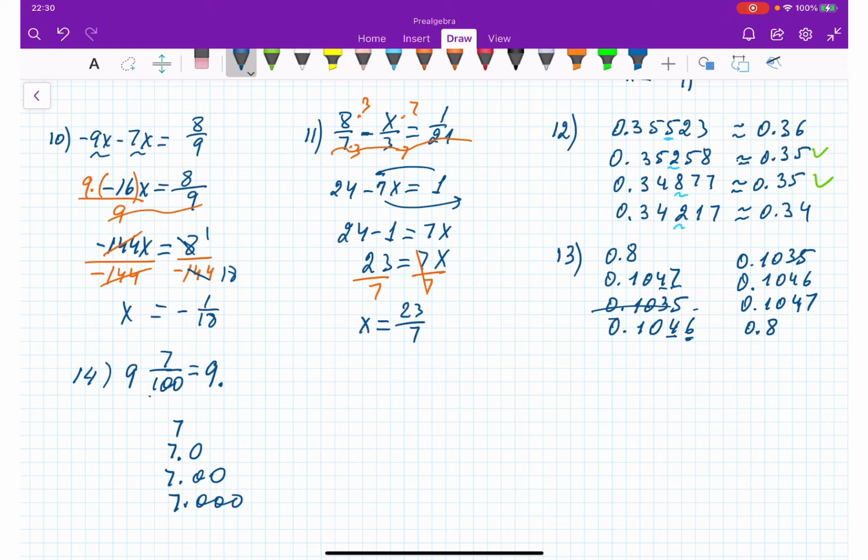When you divide by a number with zeros, let's say 100, 1,000, 10,000, and so on, a 1 and zeros, you have to shift the decimal point by as many places as there are zeros. Here we have 1 and 2 zeros, right? So when it's division, I have to shift the decimal point to the left. It will come here, so plugging in 0, we get 0.07.